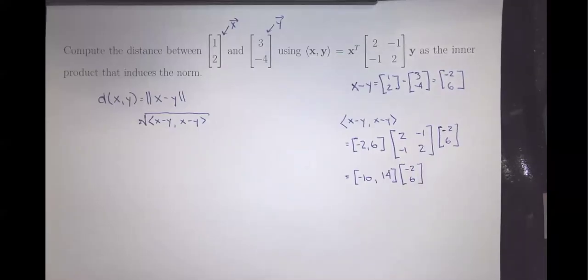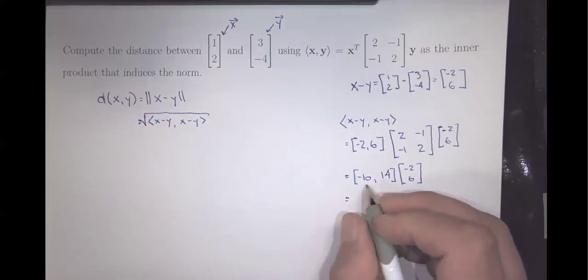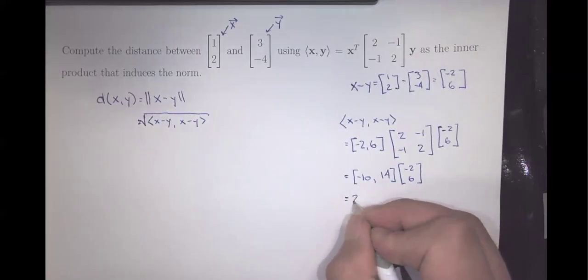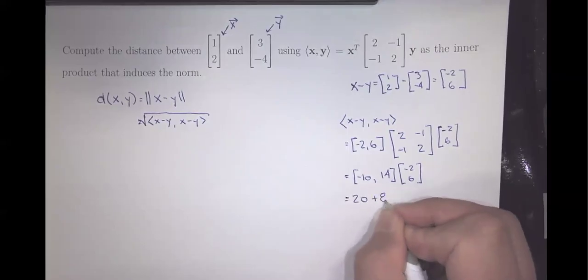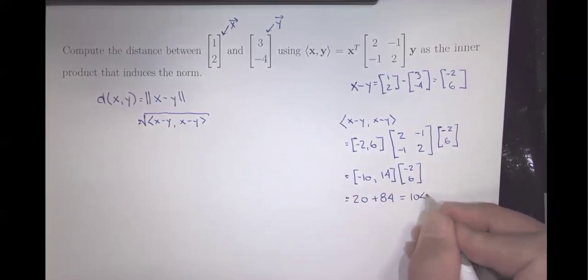And we still have that (-2, 6) that we have to multiply by. So negative 2 times negative 10 is positive 20. And then 14 times 6 is 84. So we end up with 20 plus 84, which is, of course, 104.